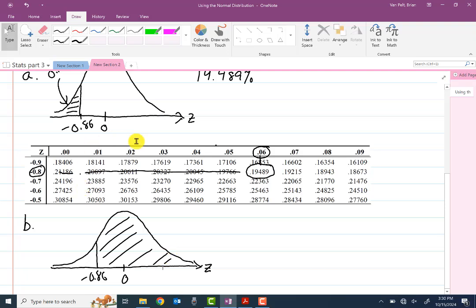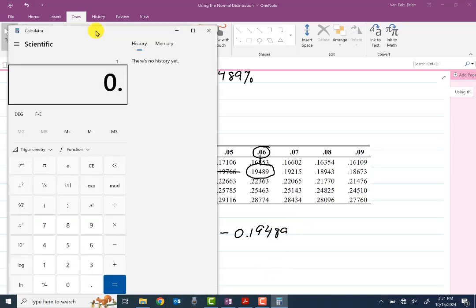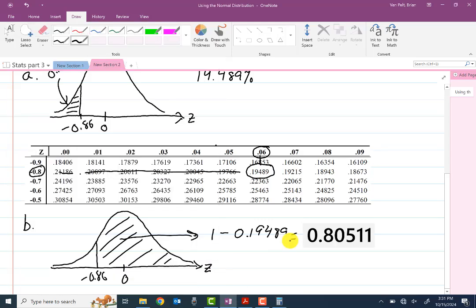Now in the previous problem, we've got the answer. It's right here. This piece right here, this area in here, is going to be 1 minus that answer. So we're going to have 1 minus 0.19489. And I'll just grab it with the calculator. 0.80511. And that completes that problem.